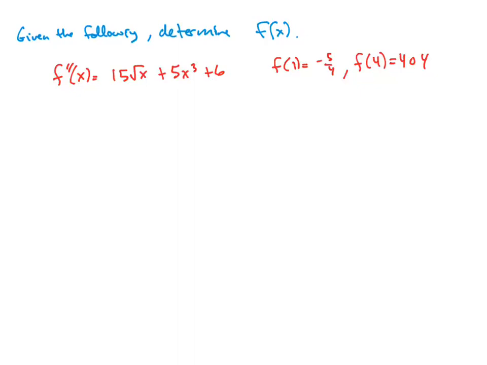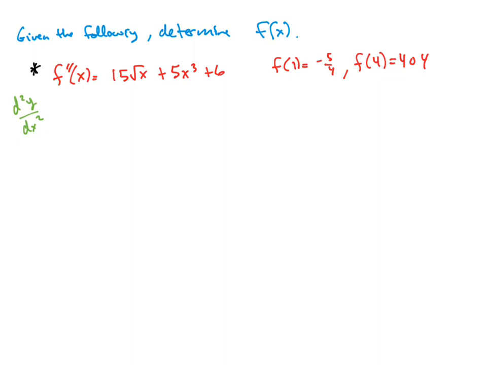Okay, so for our last example, it says, given the following, determine f of x. In this instance, we're given f double prime of x is equal to 15 square root of x plus 5x cubed plus 6. Writing f double prime of x is just a different notation than we saw previously.